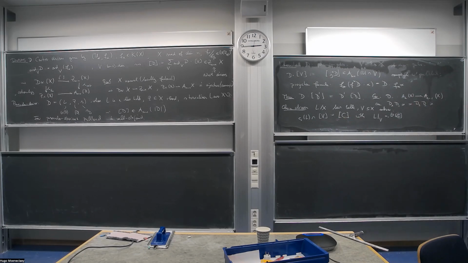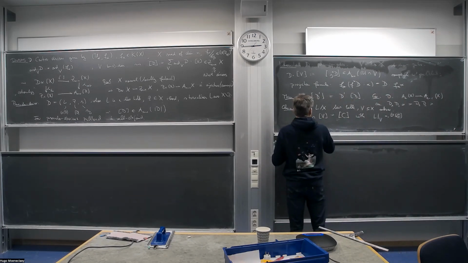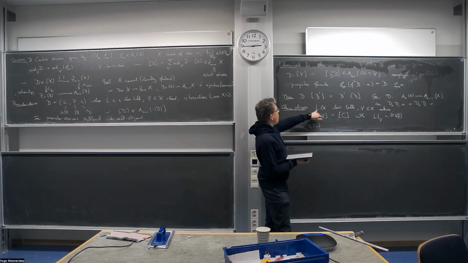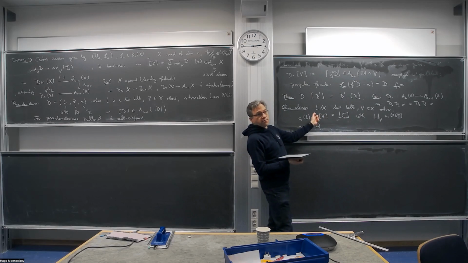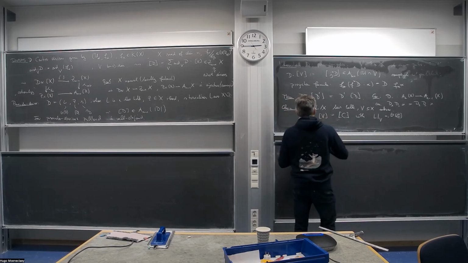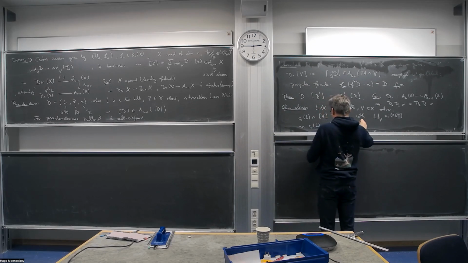Okay, so what we get is c_1(L). So L is given by a Cartier divisor, and we just intersect by the Cartier divisor. This is just the first Chern class operation of a line bundle. And so this goes from A_k(X) to A_{k-1}(X).